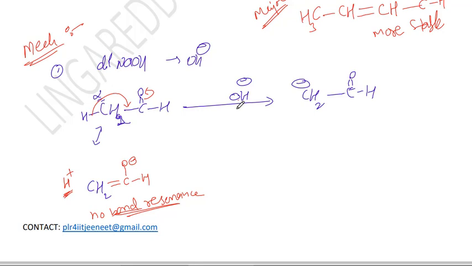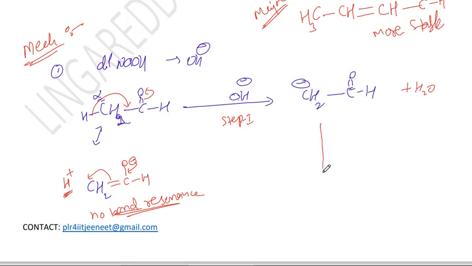This OH minus is ready to accept this H plus, so it forms a water molecule. Finally, when this electron pair comes back, CH2 minus, a carbanion, is forming. Now you understood the carbanion? Then step 1 is over. Step 1, carbanion formation.